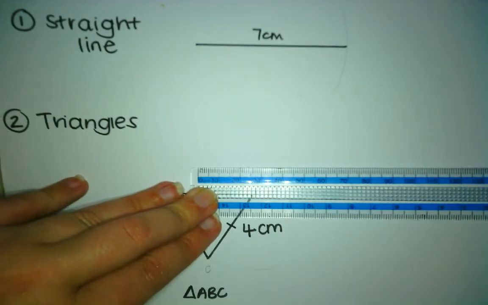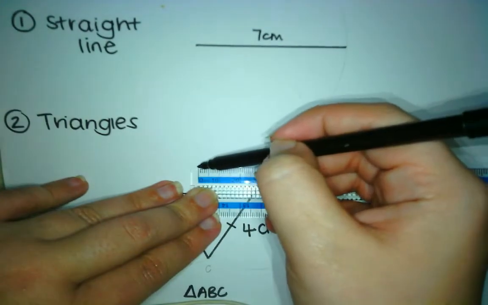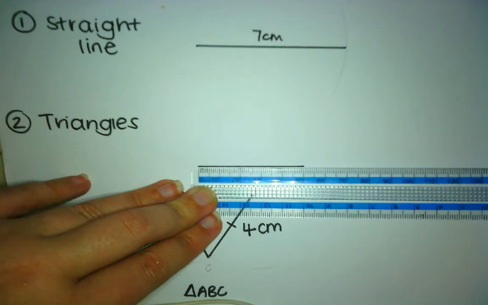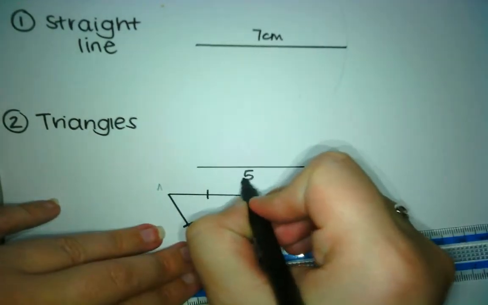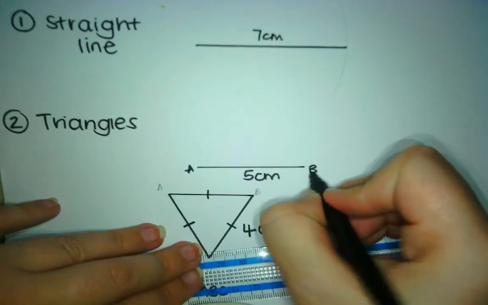So let's make this 5 centimeters. I'm quickly going to write it down so that I don't forget. So that's A and B.